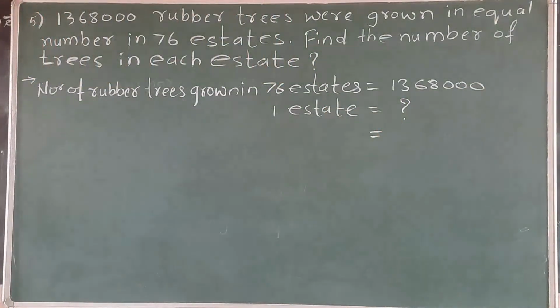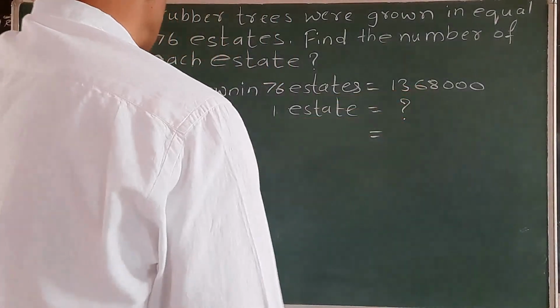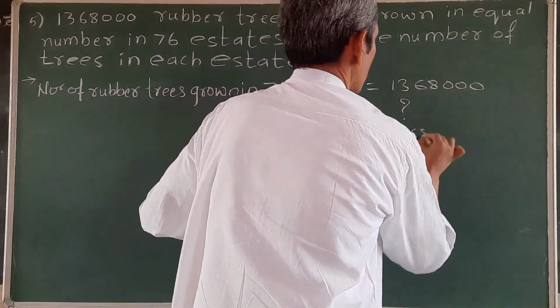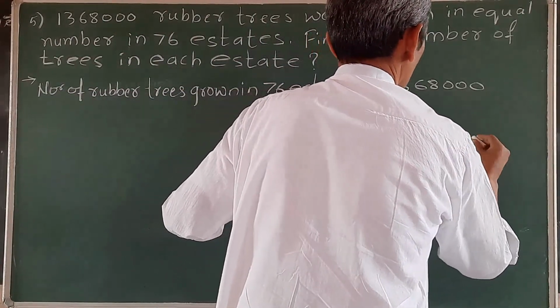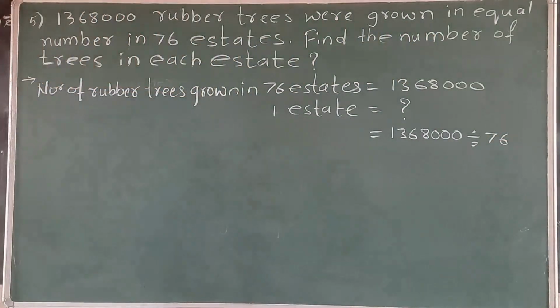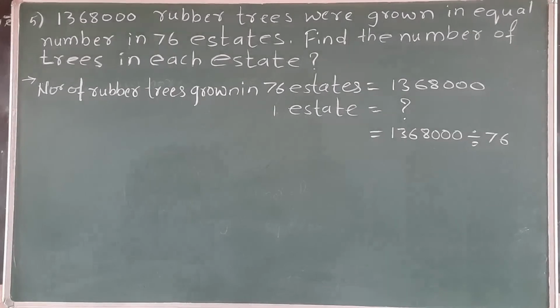To find the number of trees grown in one estate, we divide the total number of trees by the total number of estates, that is 76. 1368,000 divided by 76. After dividing by 76 we will get the number of trees grown in one estate. For this we need to know the table of 76.